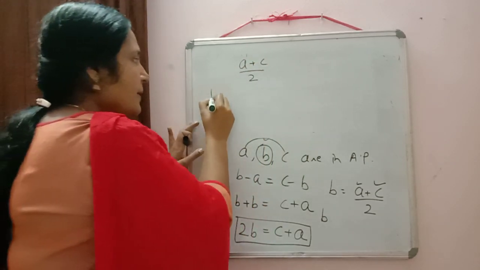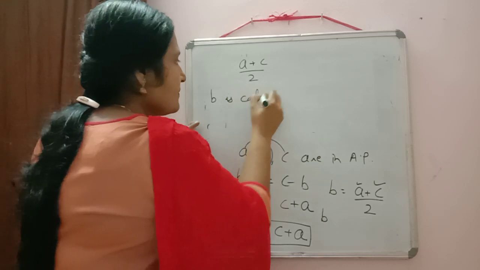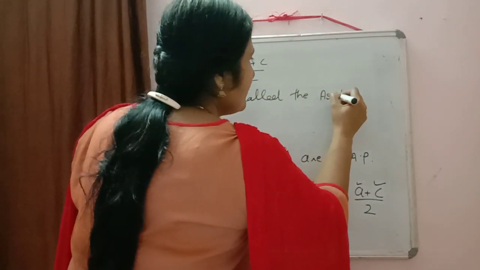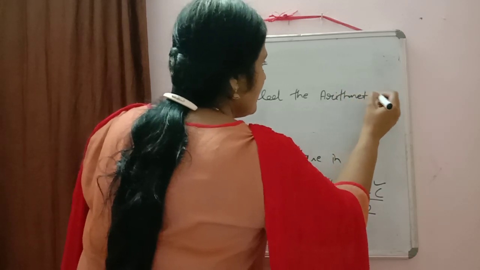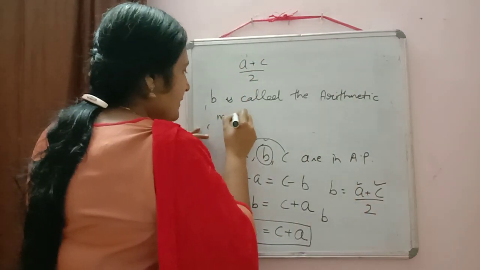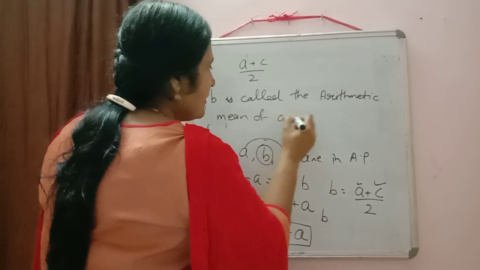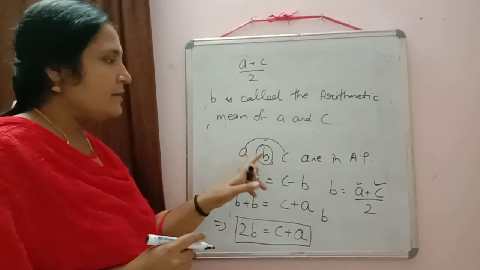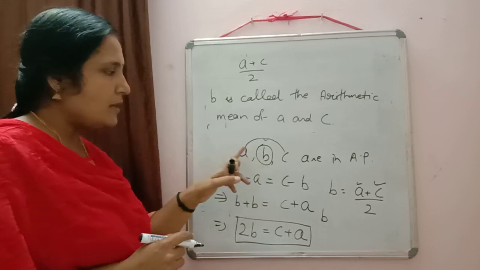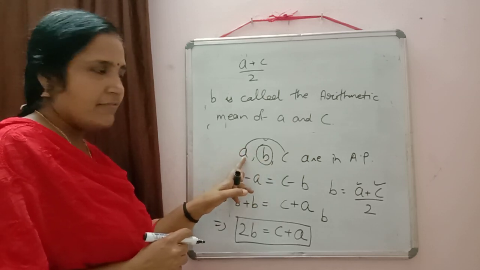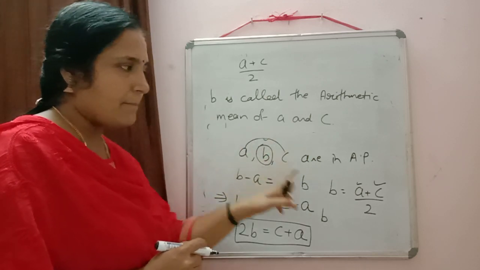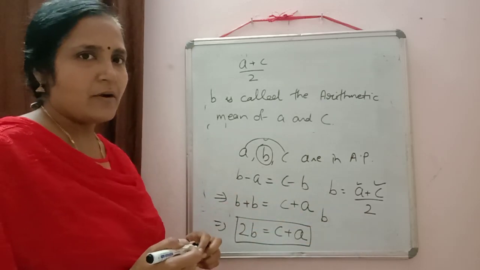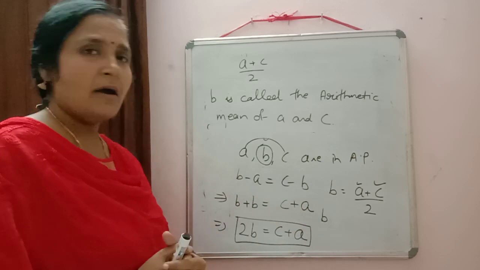That's why B is called the arithmetic mean of A and C. So B, the middle number, is equal to the sum of its previous number and succeeding number divided by 2. This is the concept we are going to use to solve some questions.